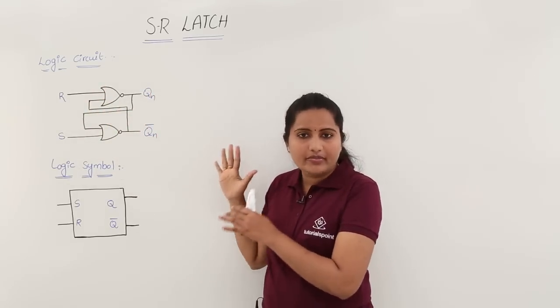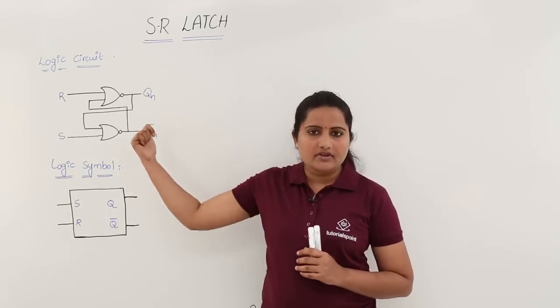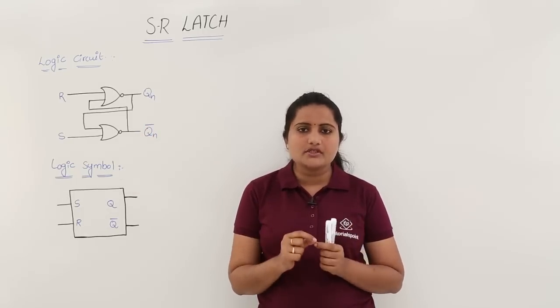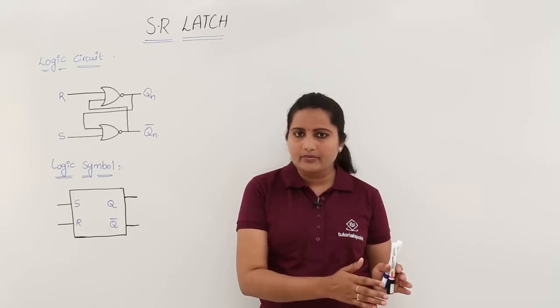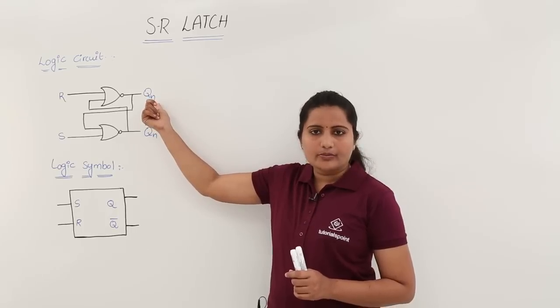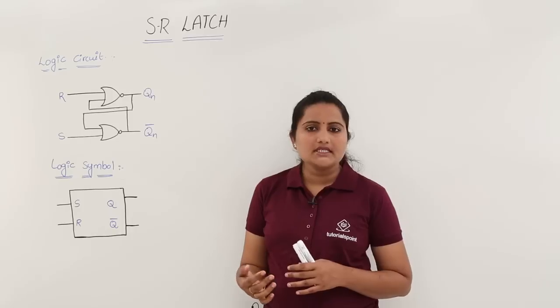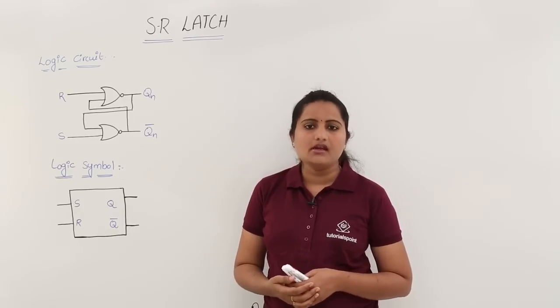That means the data of the present state is given as feedback input to the sequential circuit. The inputs are the actual present inputs S and R, along with the present output Qn. What may be the output? Qn plus 1 may be the output.